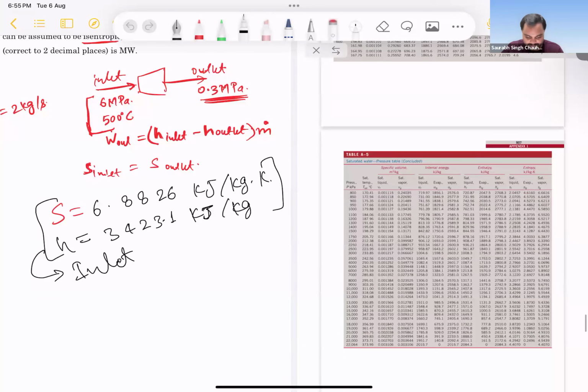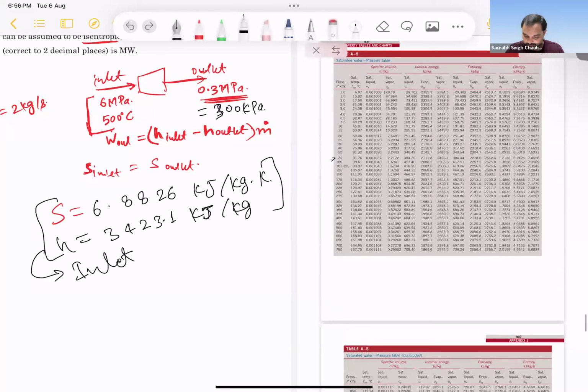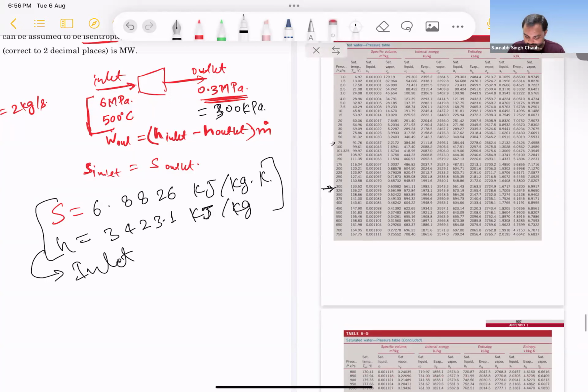Okay, this is the saturated table. 0.3 MPa means 300 kilopascal. So 300 kilopascal is here. So at this value, we can check entropy where it is.